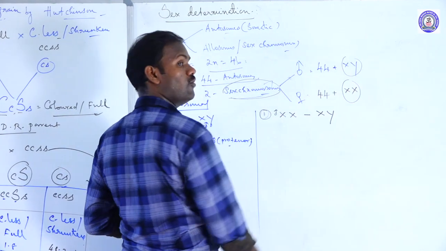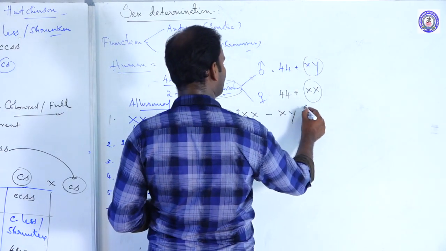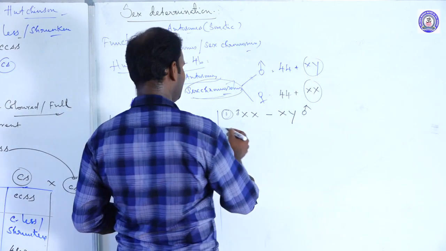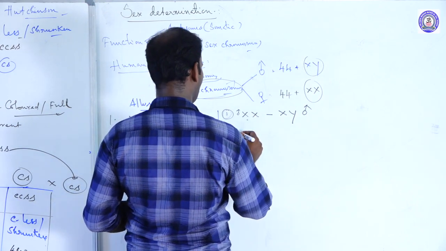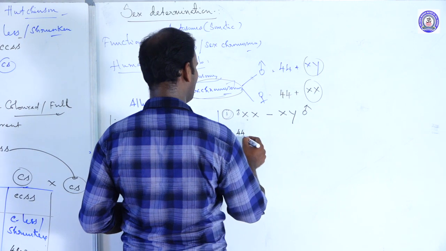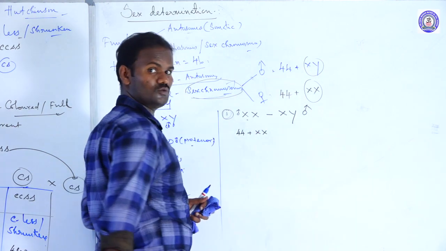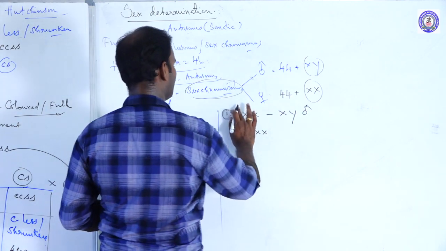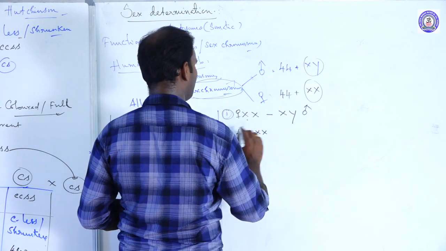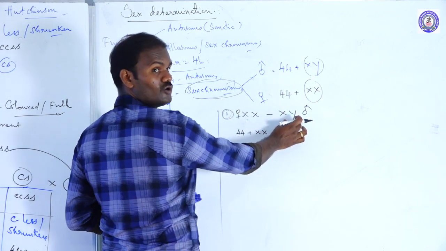Here female is homogametic, male is heterogametic. For example, in male, 44 chromosomes are autosomes plus 2 sex chromosomes. Female is homogametic, male is heterogametic.